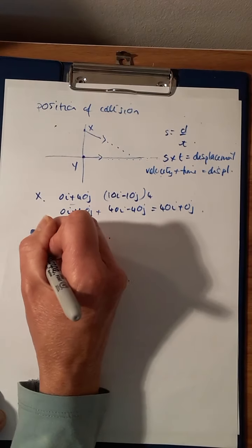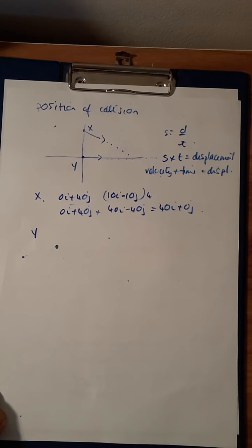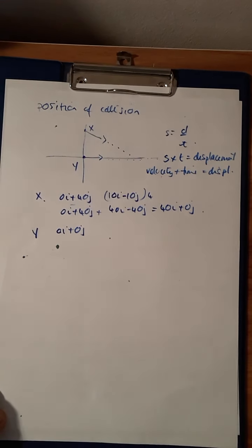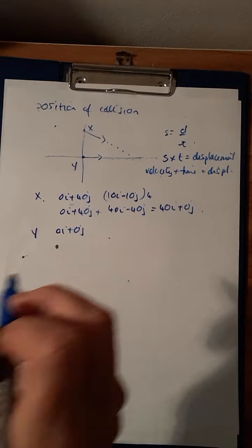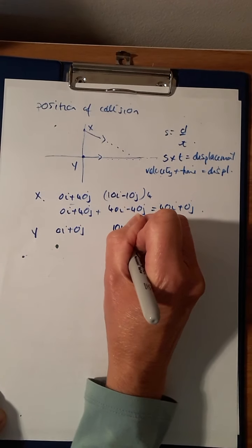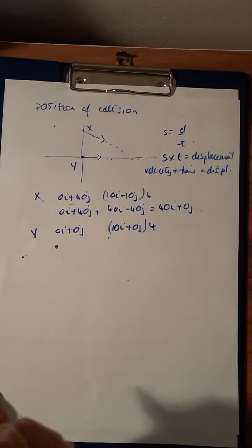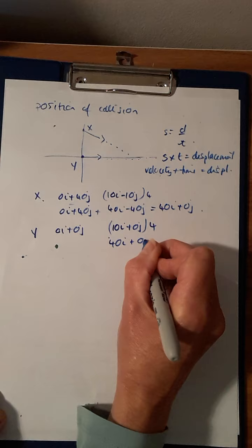And we could do the same for y. y should give us exactly the same answer, because if they're going to collide, they've got to be in the same position. So y is at 0i plus 0j. Its velocity, we've already said, was 10i plus 0j. It's going to go along for 4 seconds. Where's it going to be? It's going to be at 40i plus 0j.